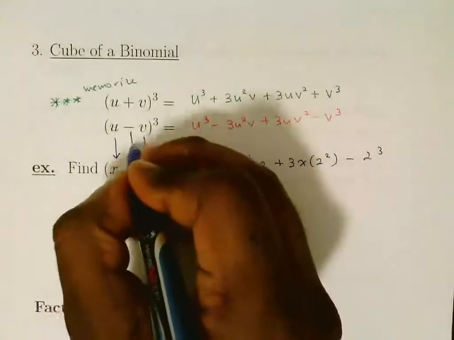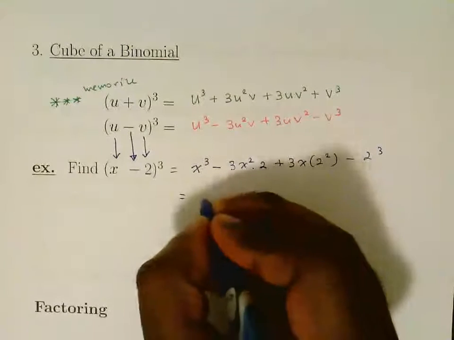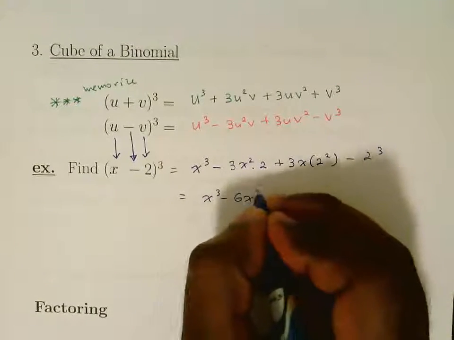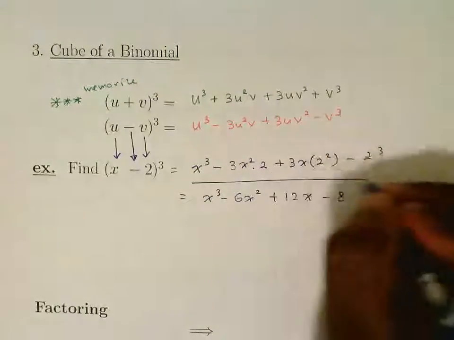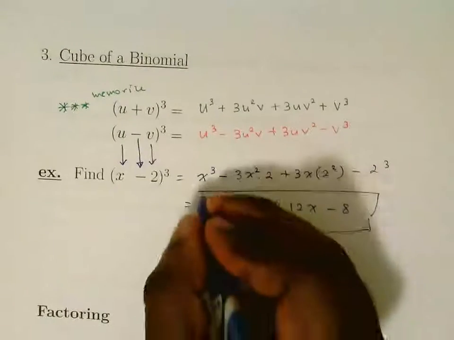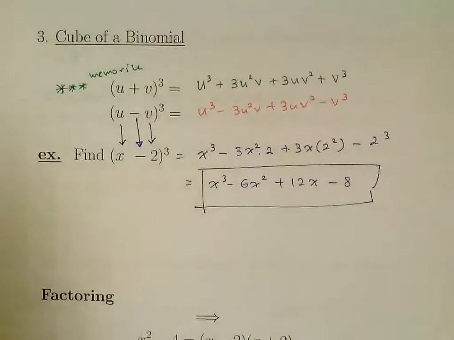The negative sign was originally in the formula. So x cubed minus 6x squared plus 12x minus 8. That would be correctly simplified.